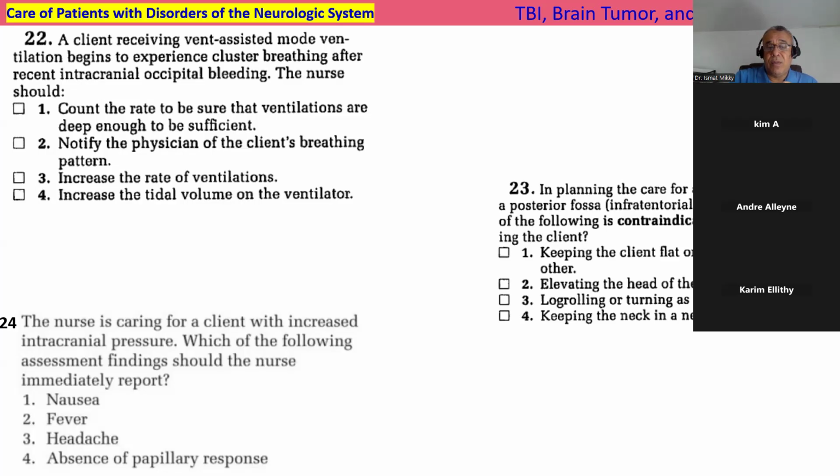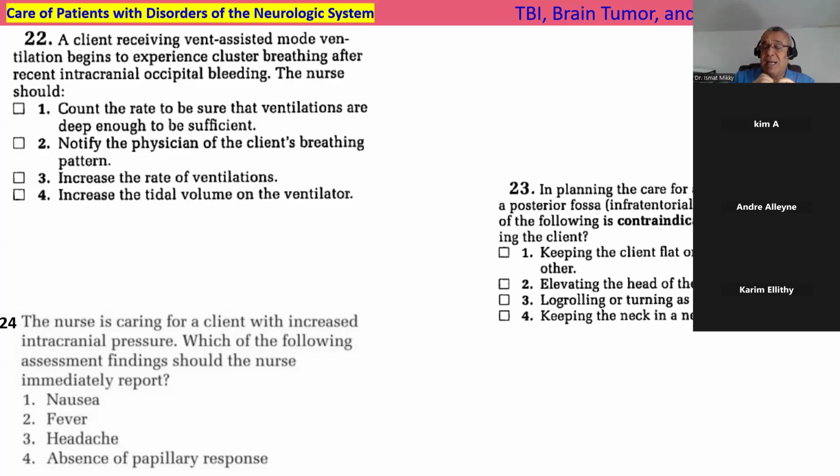Contraindicated. Is it 3? I think it's 2. This is a posterior fossa, it's the infratentorial. I want to read about this in the book really carefully, because infratentorial is below the tentorium.